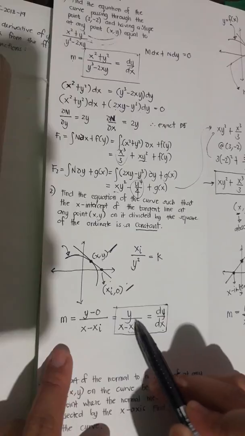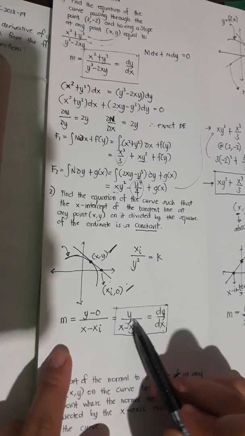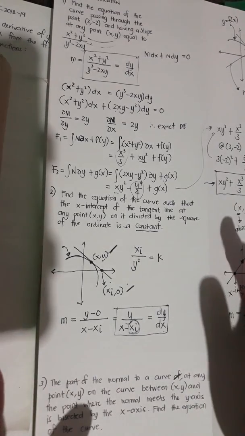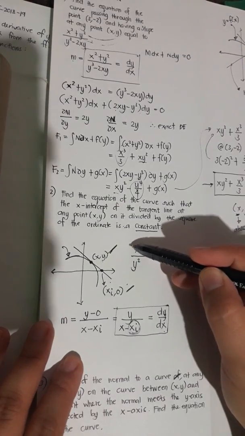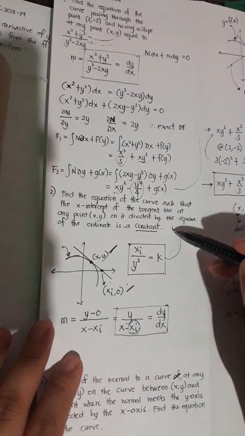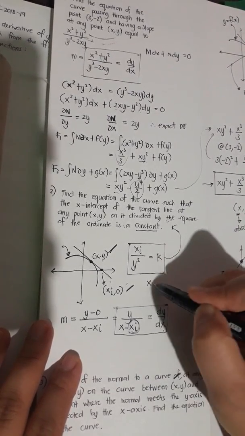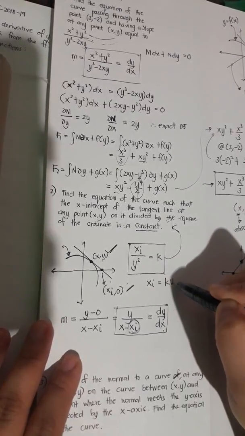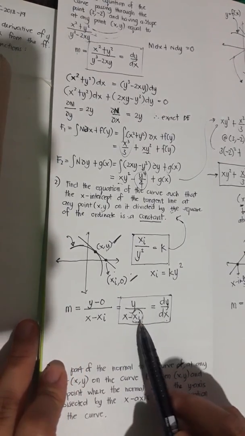Since we have xi here, we have to eliminate or convert this into terms of y or x. We will be assisted by this equation that is stated also in the problem. So we could express xi in terms of y squared. So xi is k y squared, and we have to substitute it here.